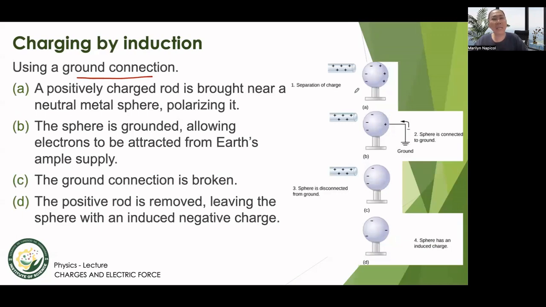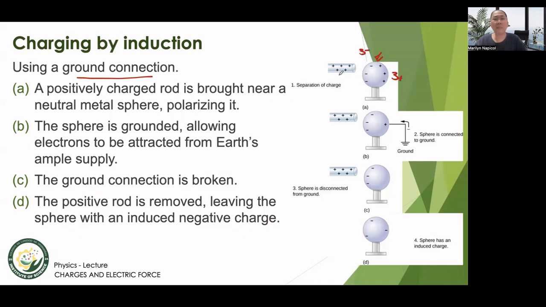So, similarly, katulad doon sa isang scenario kanina, kung meron kang neutral object, in this case, ito pong sphere na to. So you can see, meron siyang equal number of positive charges and equal number of negative charges. So, meron kang positive 3, and then here meron kang negative 3.